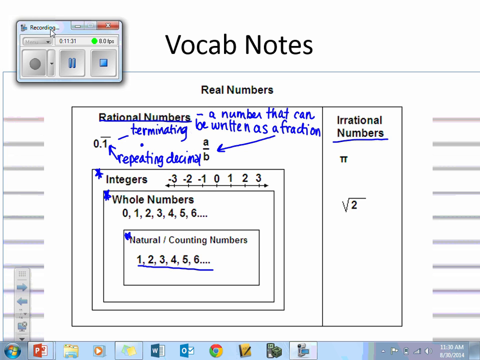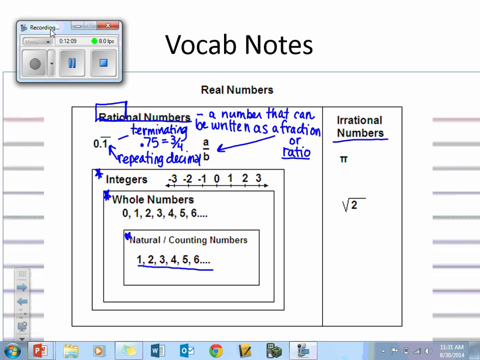And a terminating decimal would be like 0.75, which can also be written as 3/4. So rational numbers include counting numbers, whole numbers, integers, and any numbers that can be written as a fraction. Or I could also say ratio. I like the word ratio because ratio is within rational. That includes your terminating decimals, which can be written as a ratio, and your repeating decimals, which can also be written as a ratio.